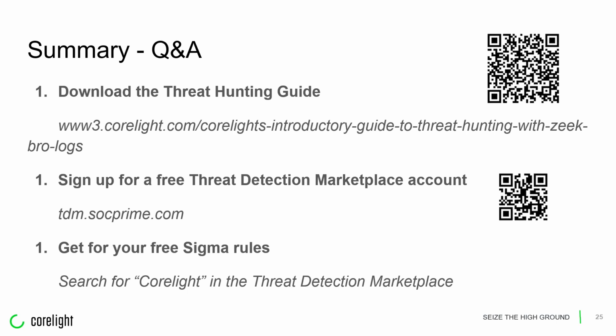But there are also some things that are Corelight proprietary within these rules. So if you're a Corelight user, you'll also get some particular fields that aren't going to be mapped because they're unique proprietary fields that don't map into a common data model. So there are also some queries that will help there.